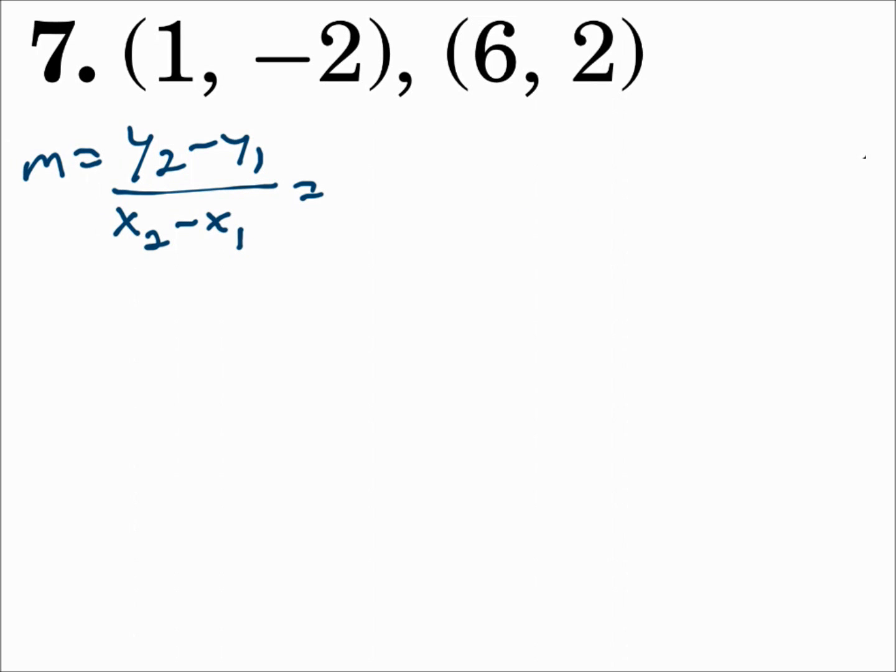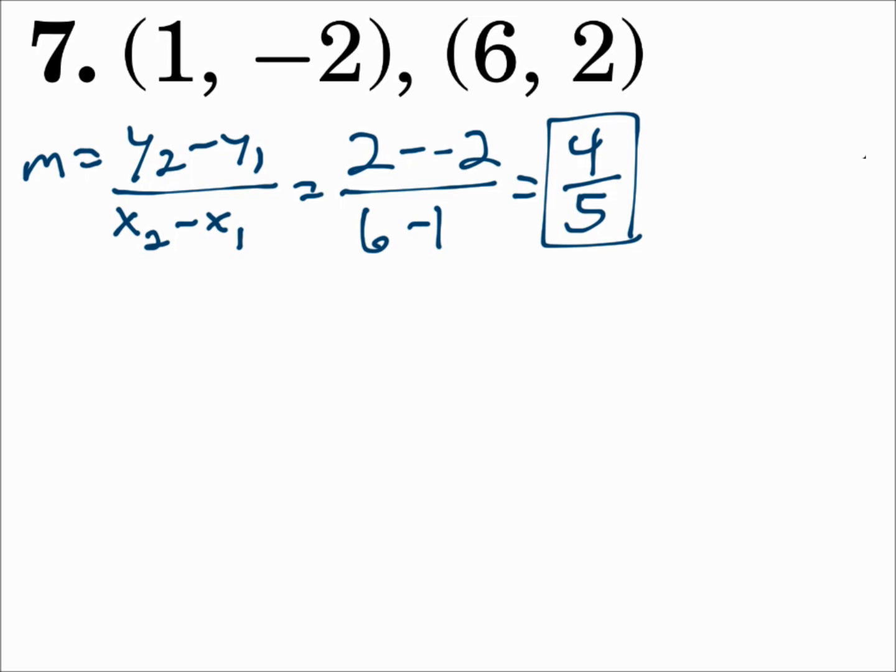Number 7. m equals y2 minus y1 over x2 minus x1. y2 is 2 minus y1 is negative 2 over x2 is 6 minus x1 is 1. That's really a 2 plus 2 on top, which is 4. 6 minus 1 is 5, and that's reduced.